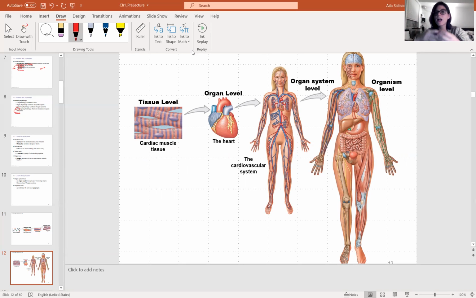The heart, at the organ level, is going to interact with other different organs, making up a system. Here we call it the cardiovascular system, which is composed of the heart. Heart is cardio, and vascular are the veins and arteries that are going to distribute the blood. And these organs making systems, several systems working together, are going to make us an organism.